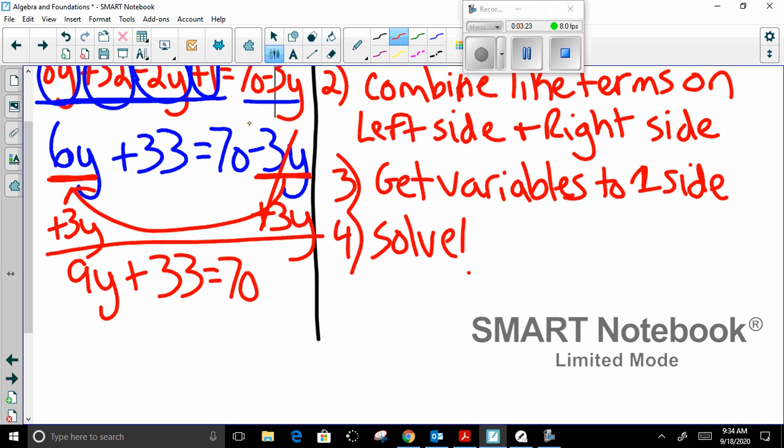Negative 3 plus 3 is 0, and 0 times y is 0, so I don't even need to put that. Okay, but I just want to make sure you realize some people always think they need to leave the y, and that is not the case. 0 times y is 0.